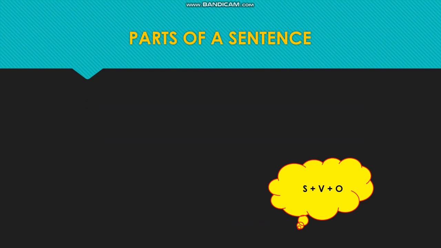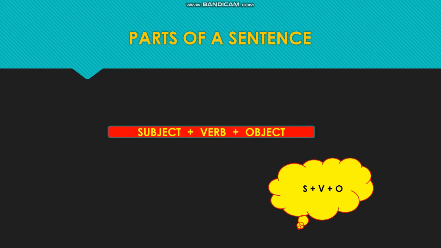Now let's look at parts of a sentence. What all parts are there in a sentence? As we already saw in the last sentence, there are 3 parts for a sentence: subject plus verb plus object. The first thing that comes is the subject. The second thing that comes is the verb.